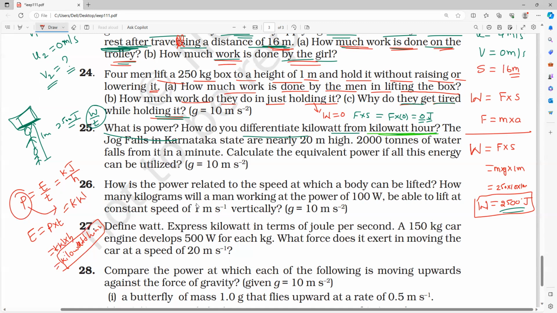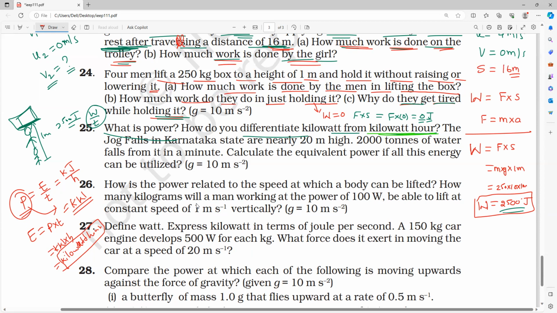That is the difference. Kilowatt is the unit of power and kilowatt hour is the commercial unit of energy. You should remember that. Okay, everybody?